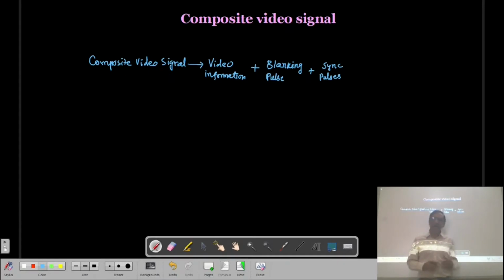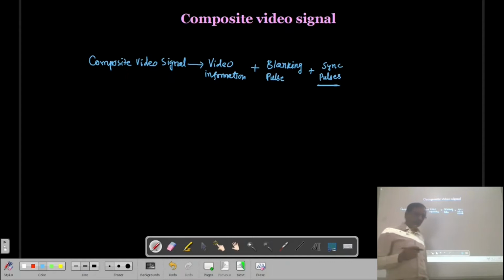If the camera is tracing line number 100, then in the picture tube also line number 100 has to be traced. So the electron gun of the camera tube and the electron gun of the picture tube must be synchronized, and for that the sync pulses are added to the composite video signal.